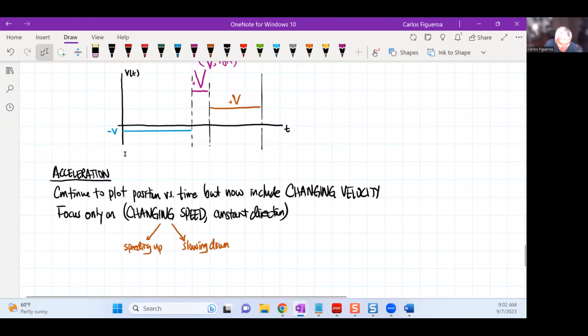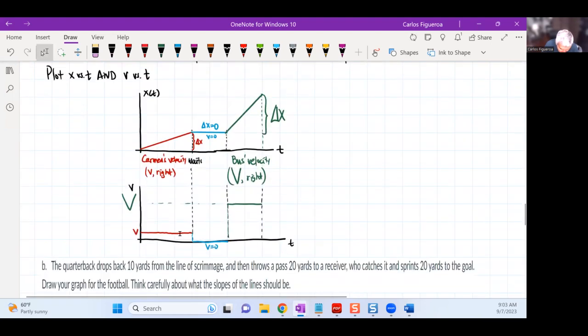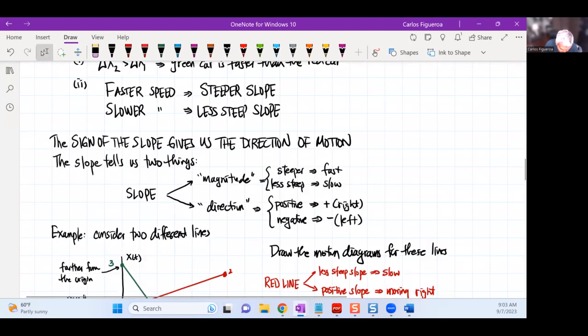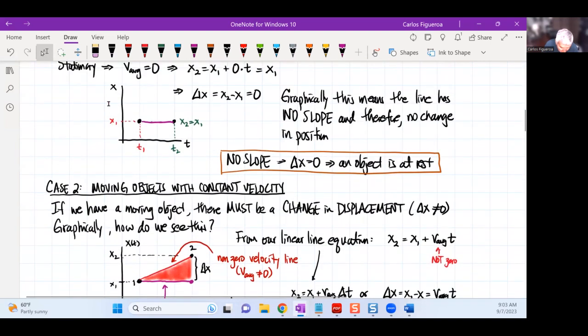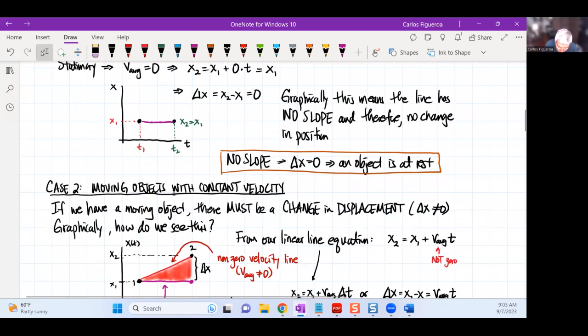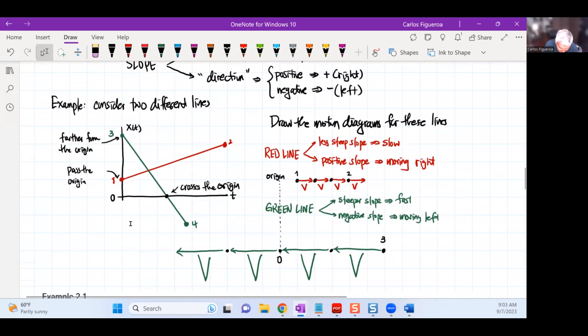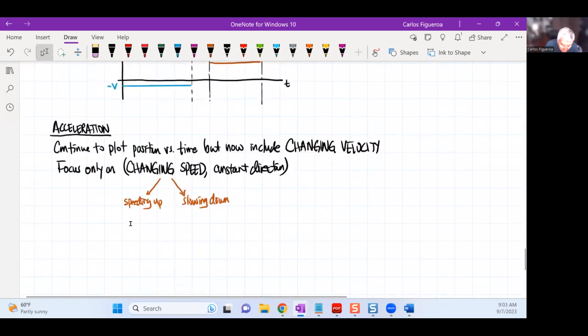So picture-wise, I'm going to continue up here. If we go up here, we saw that we had cases. We had a case of a stationary object, and a moving object with constant velocity. So now I'm going to add a third case because it's all connected.